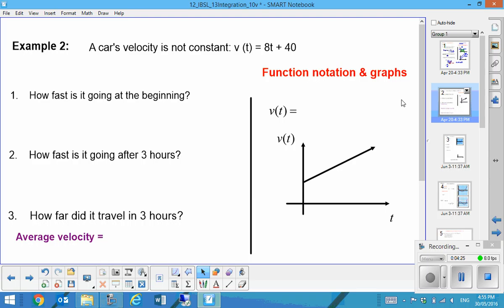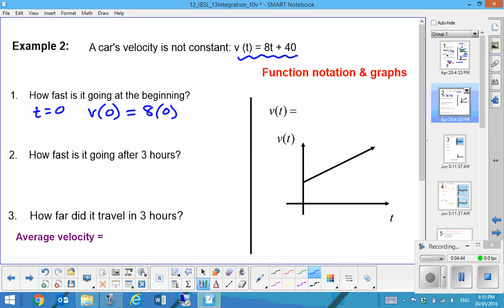The velocity function, 8t plus 40, is saying that the velocity is changing over time. How fast is it going at the beginning when t is equal to 0? We can substitute in. V of 0 is 8 times 0 plus 40. So the initial velocity is 40.